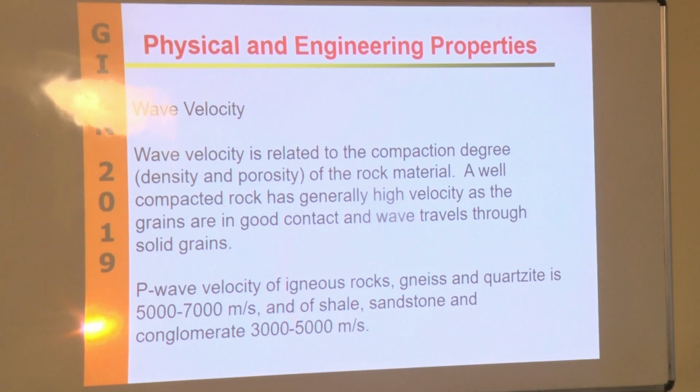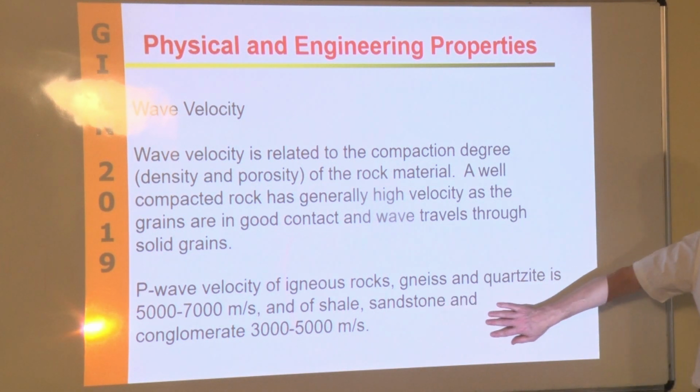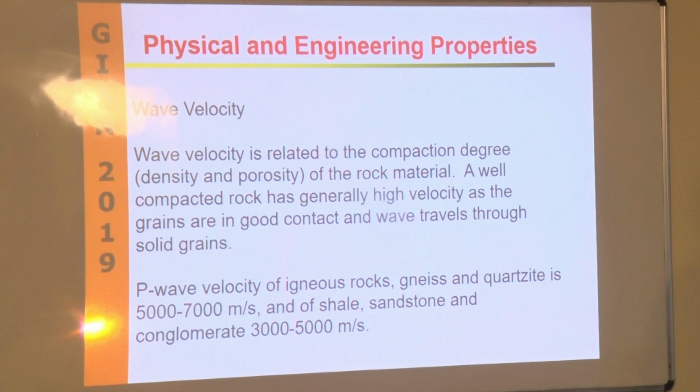Generally you can think of a range between 5,000 and 7,000 meters per second for an igneous rock, and we have an expert there who can probably give us better ranges. It's a little bit slower for shale, sandstone, conglomerate. Why? For the simple reason that you have more void, so the wave does not propagate as fast as in an intact, compact material.